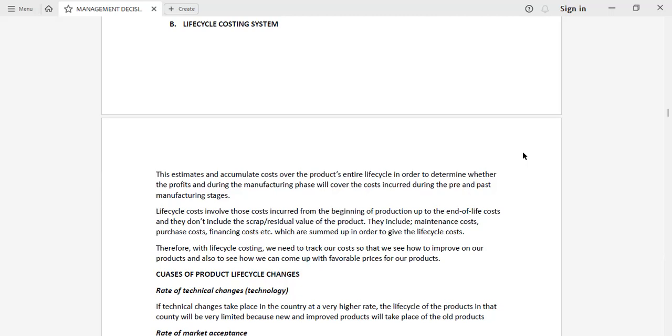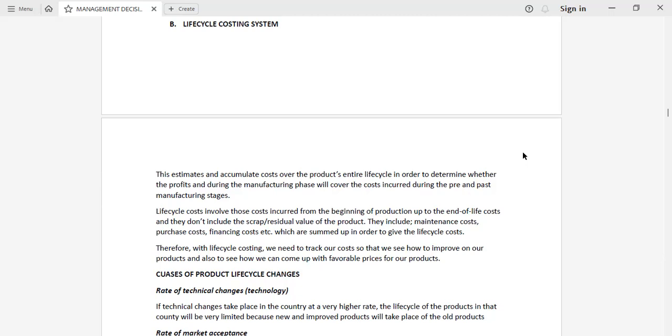Manufacturing companies have raw materials, work in progress, and at the same time finished goods. But a trading company has only finished goods. They don't manufacture, they only buy and resell. Remember, before we determine the selling price, you need to know the cost you incurred.